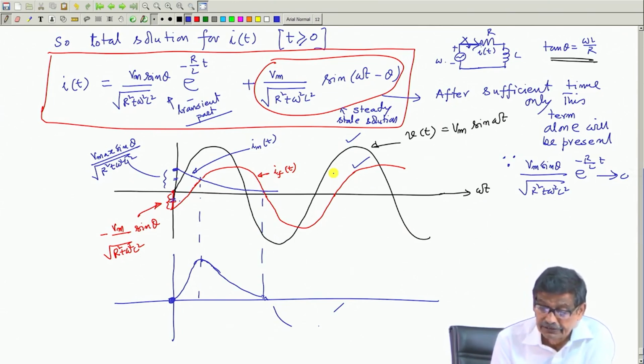Of course, this initial current which is produced, which is sum of transient and the steady state current, natural and forced response, these are very important pieces of study in power system.